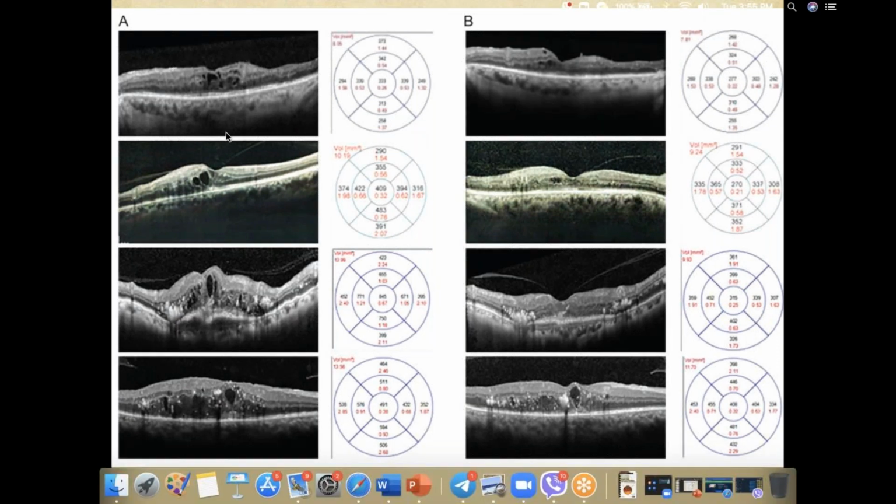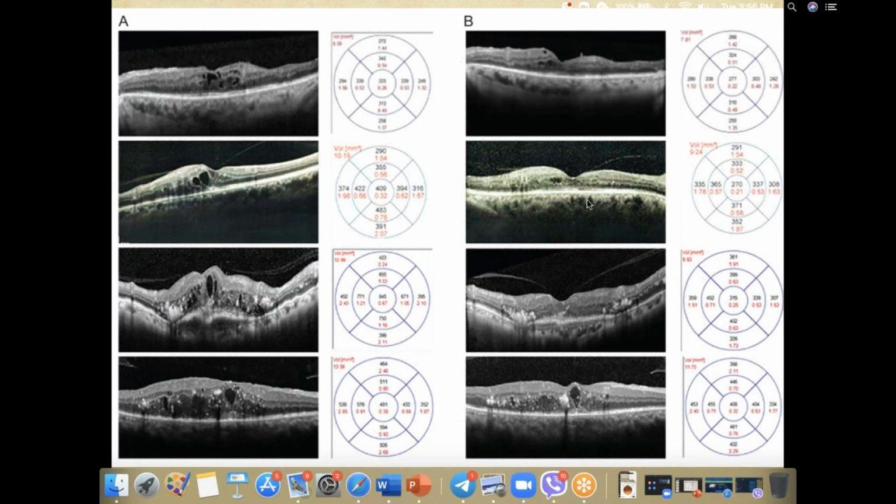This is just macular edema, diffuse macular edema. And this is worse: macular edema with traction, right? So again, after you inject, what you need to understand is, you see, volume 10.19, thickness 409, after injection 270.